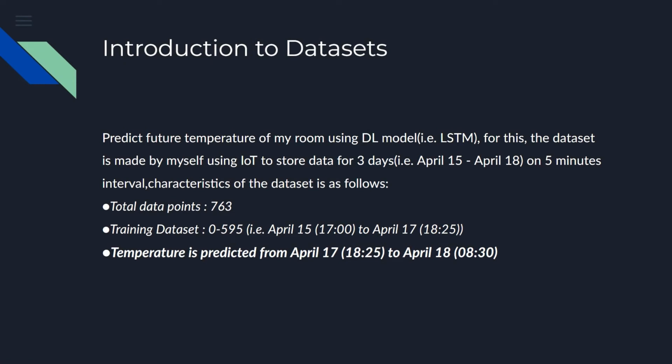With the help of our implemented hardware, we have collected the temperature readings from April 15 to April 18. We have used the readings from April 15 to April 17 for training our artificial intelligence model, and the rest for testing.